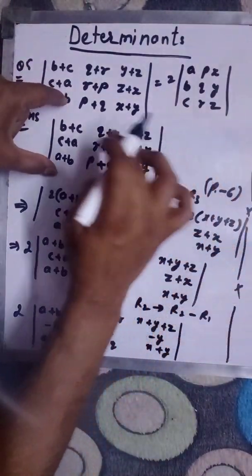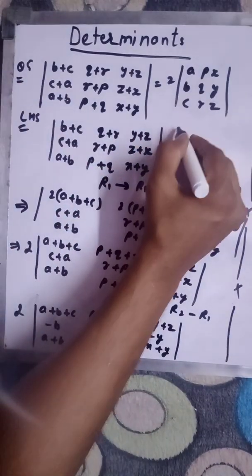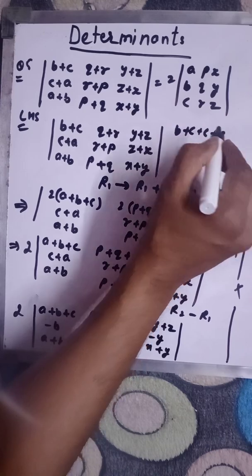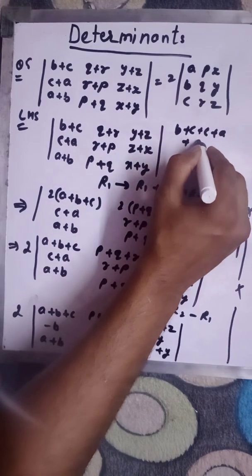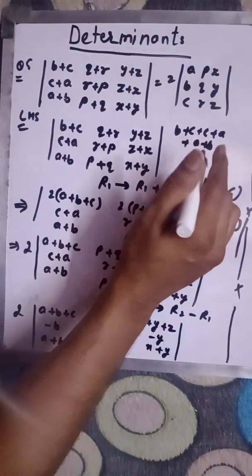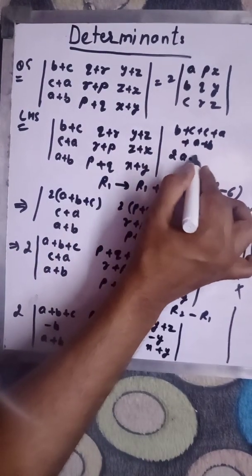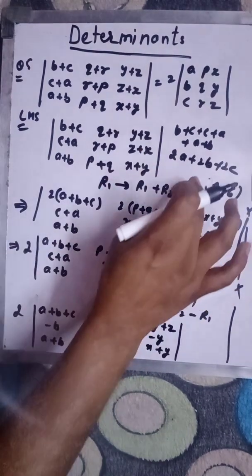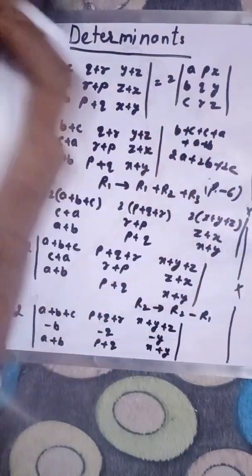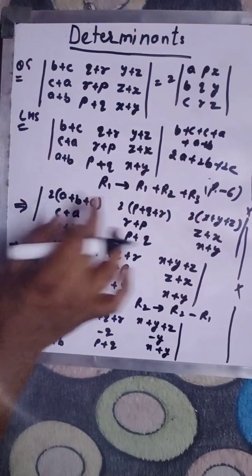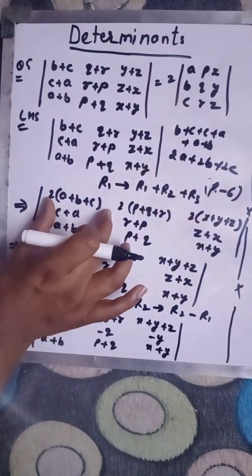If you add these, this will be b plus c plus a plus b, so it would be twice of a, twice of b, and twice of c, as you can see here, and 2 will be common. Fine, so I can write this like this.